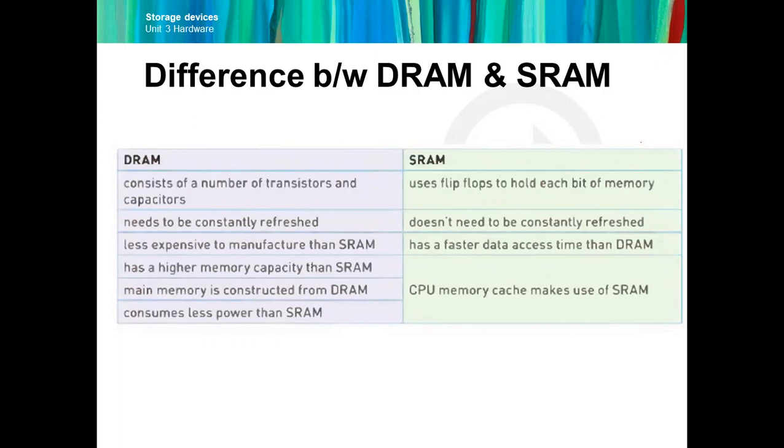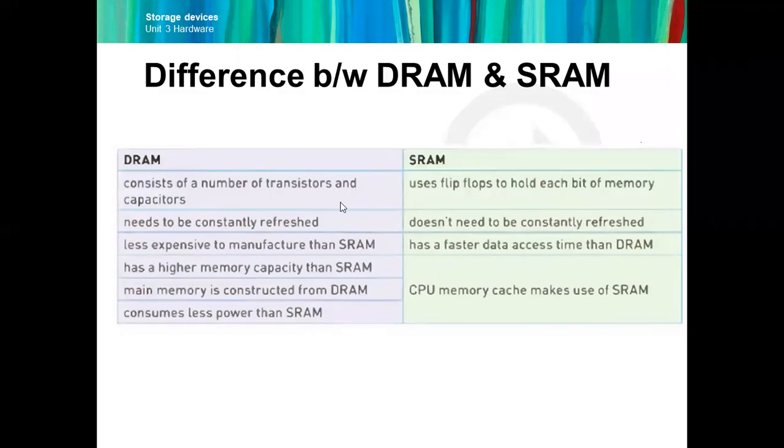Okay, SRAM is less expensive to manufacture than DRAM. Dynamic RAM has a high memory capacity, and the main memory is constructed from the DRAM basically, and consumes less power.